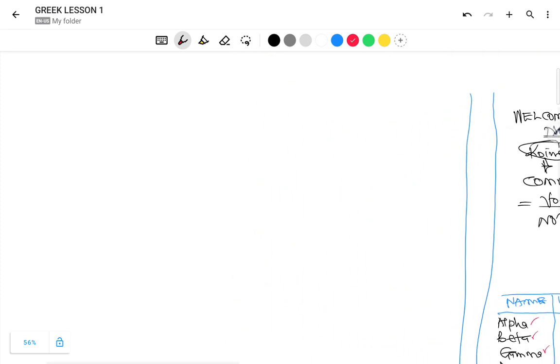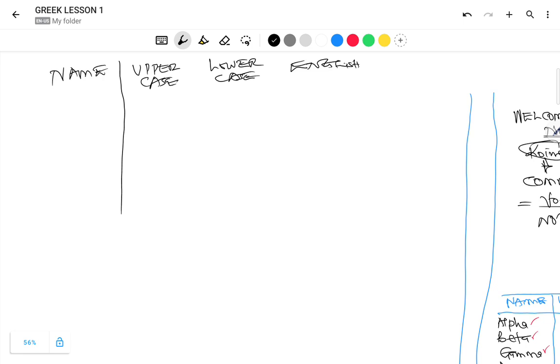And so again, like we did with the previous one, we're going to have the name of the letter, and have the uppercase, what we call capital. We have the lowercase, small letters, then the English equivalent.